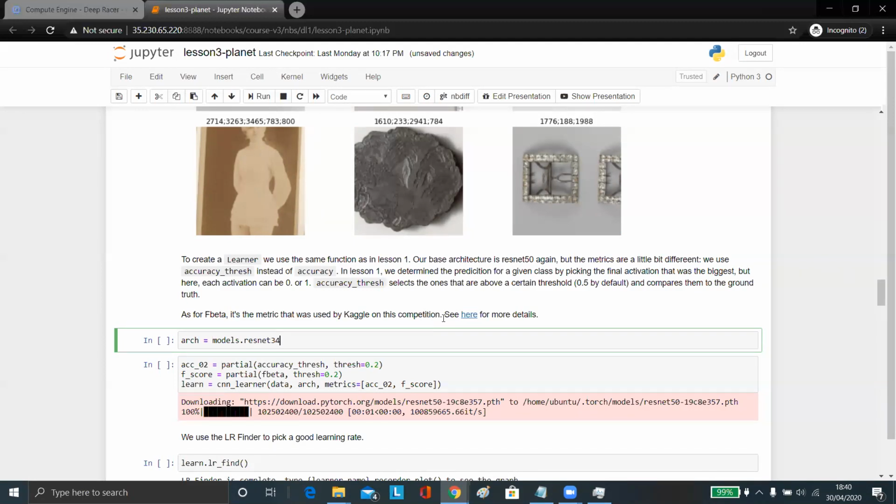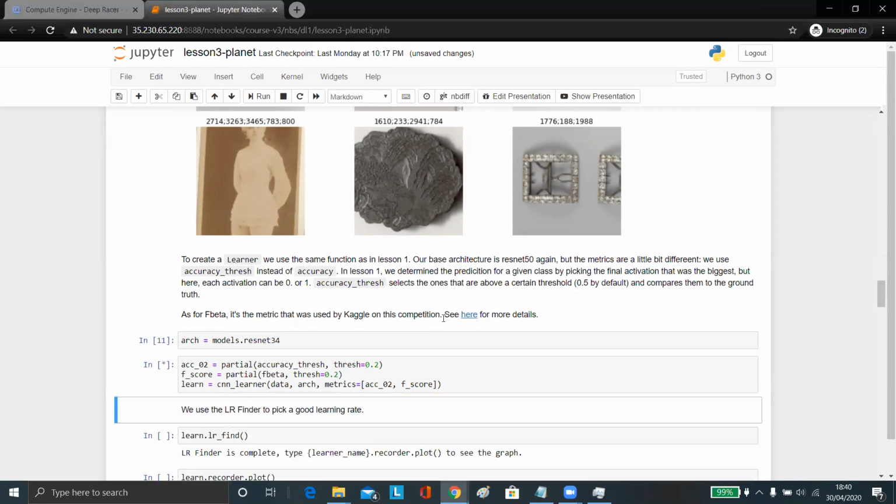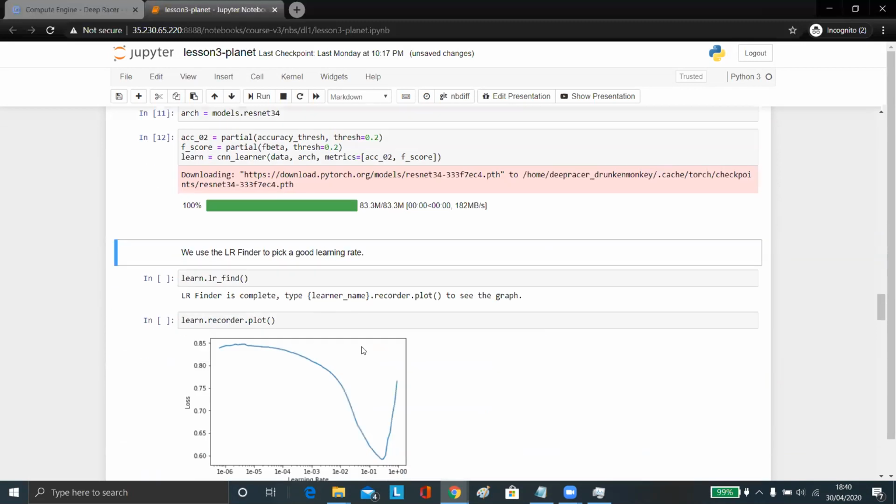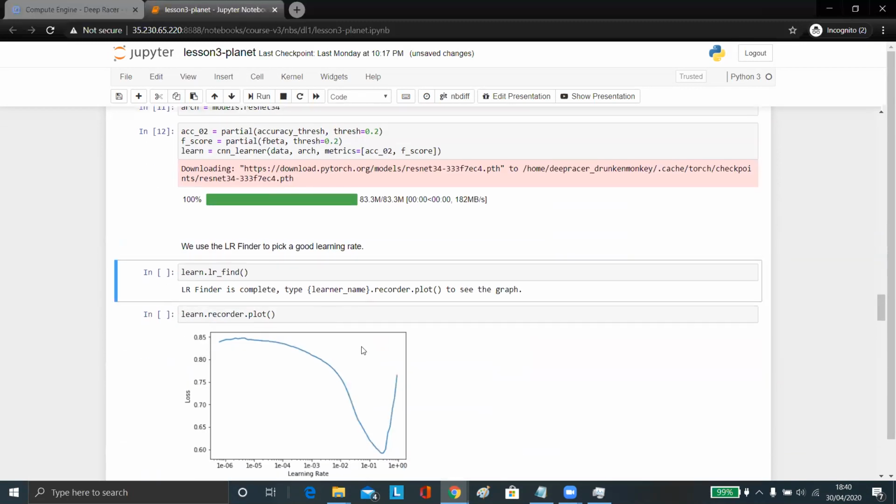Cool. So we go for the same architecture, just a smaller one. Yeah, exactly. Okay, so I think we'll keep all his scores. That seems to work fine.